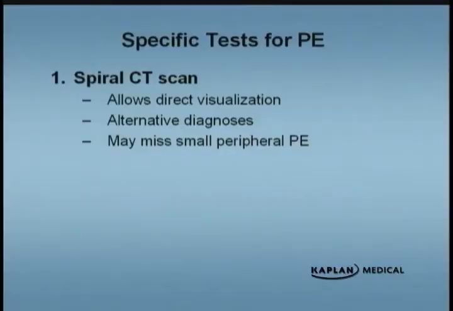Now, the older tests that we used to do, like the VQ scan, allowed indirect visualization, so they weren't as good. This allows direct visualization, and if you don't find pulmonary embolism, it also gives you some alternative diagnoses.